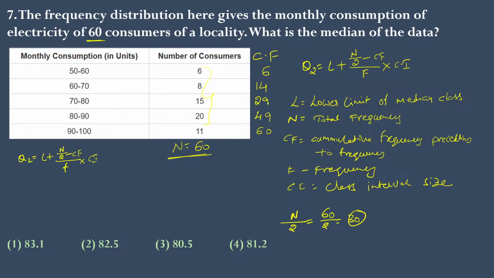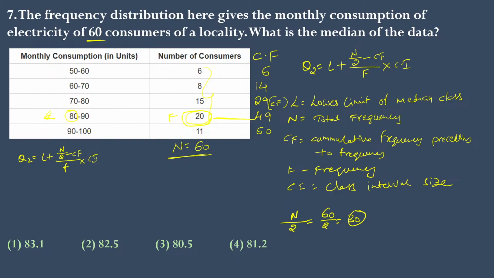Draw a line there. This is the frequency, and this is the cumulative frequency preceding it, 29.